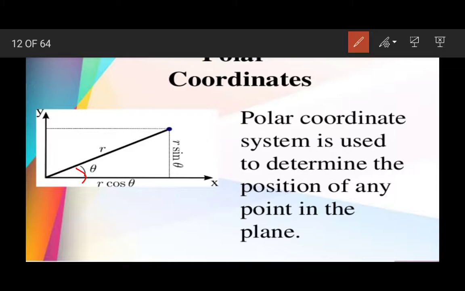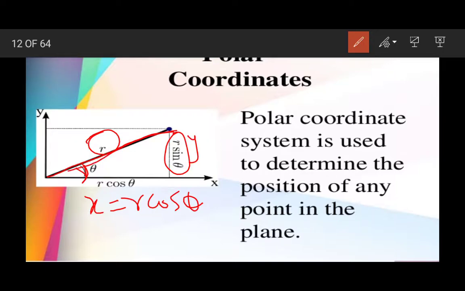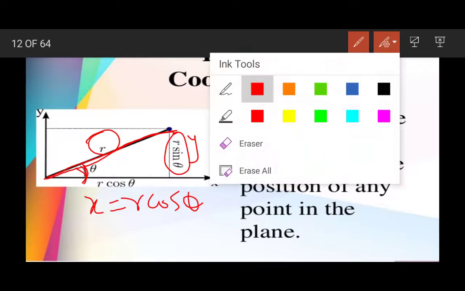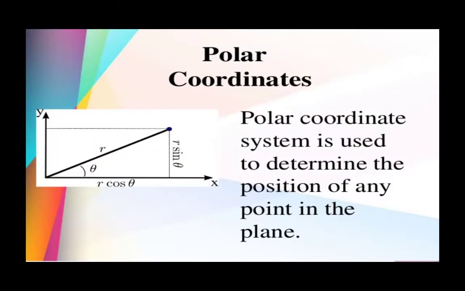In place of x I write r cos theta, and in place of y I write r sin theta, where r is the hypotenuse, the distance of the point from the origin, and theta is the angle. This is the form of representing a point in polar form.